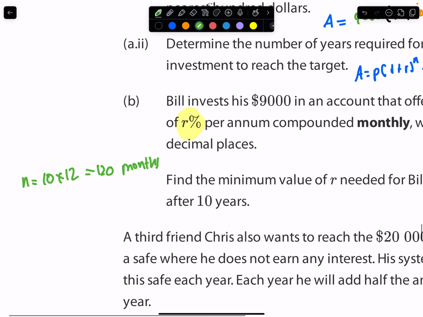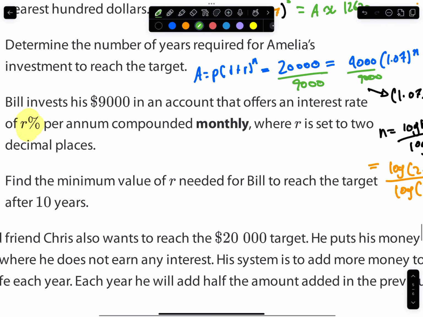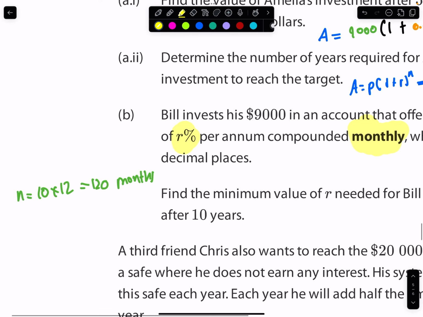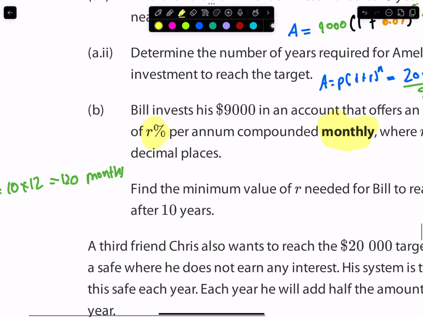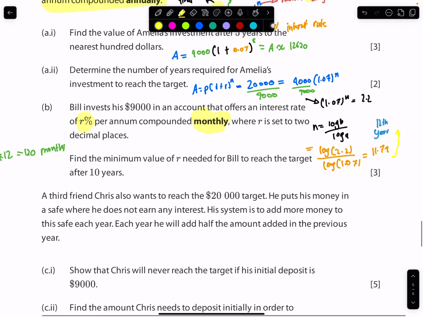Since it's asking us monthly, it's not asking us yearly. We have the target, which is 20,000.